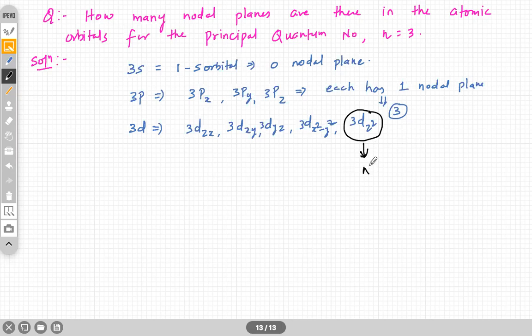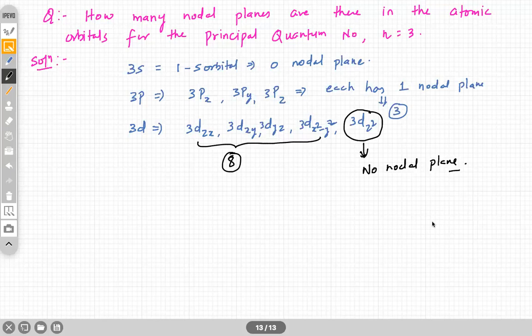Not a plane. No nodal plane. And each of the others has two nodal planes. Total 8 we have over here. Dz square has no nodal plane. So the total nodal planes is what? 8 plus 3, that is 11.